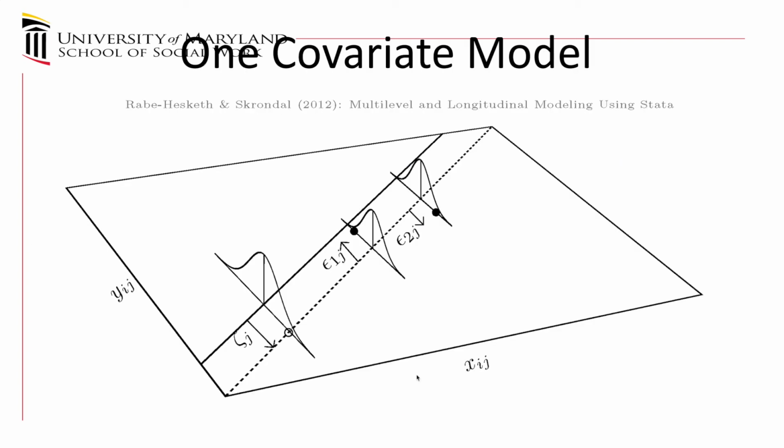So let's think quickly about what we do when we add a covariate in a random intercepts model. The intercept represents the point along the y-axis where the slope of the line intersects it, right? This is our intercept right here. By adding an intercept for each mother, we're allowing this line to vary.